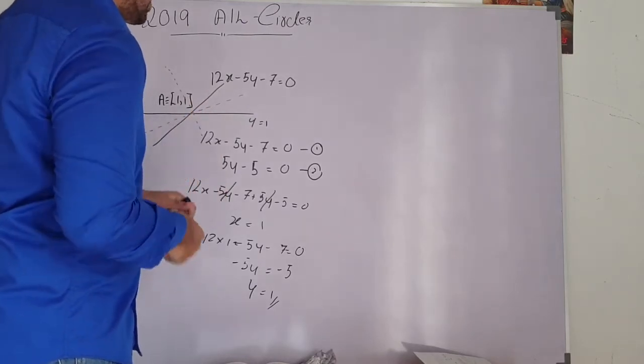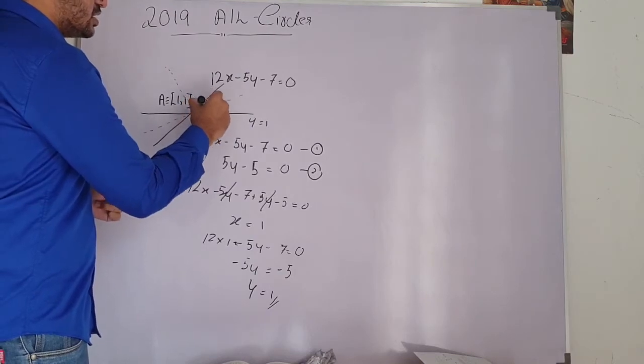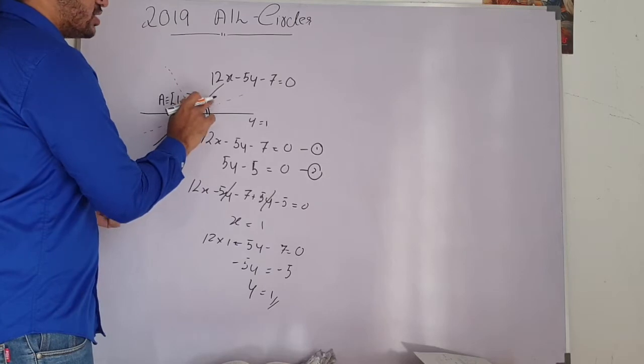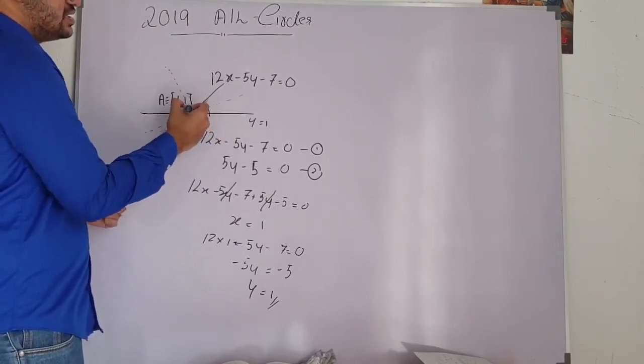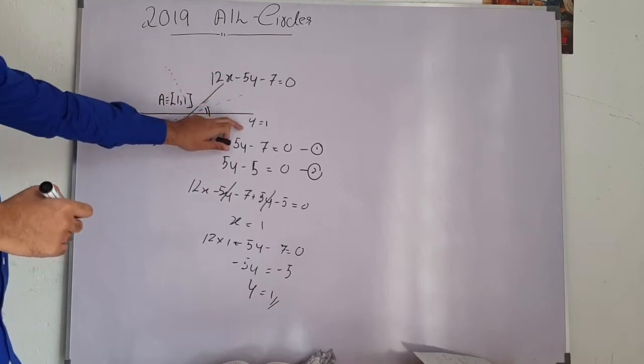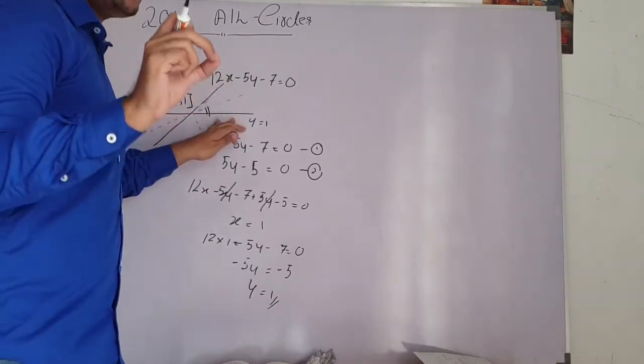So this is going to be the acute angle. Now what we should consider is that we have these two equations right here, and we should use a simple equation for these two.